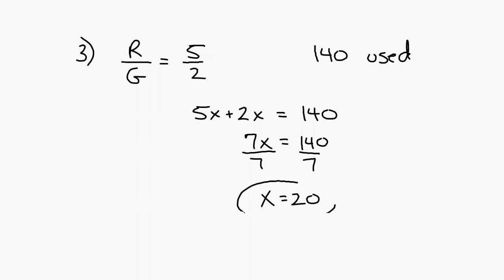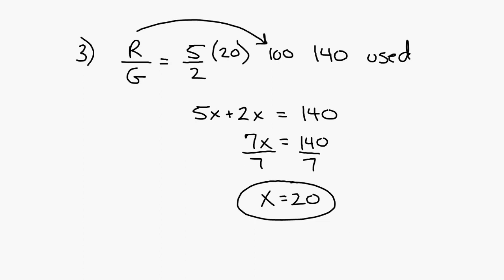If your ratio is 5 to 2, red to gray, you take 5 and multiply it by 20, you get 100, which means there's 100 red bricks. If you take 2 times 20, you get 40, which is the gray bricks. So there's your 140. The question was, how many red bricks were used? There it is, 100 red bricks.